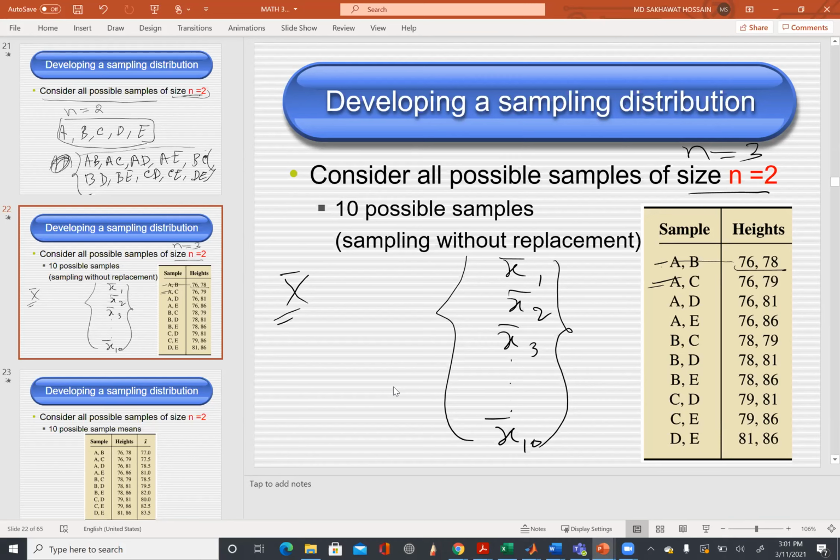You can consider 3 players for each sample and do the selection in different ways. For each selection, you can calculate the sample mean, and that mean will also follow some distribution. That distribution is called the sampling distribution for the mean.